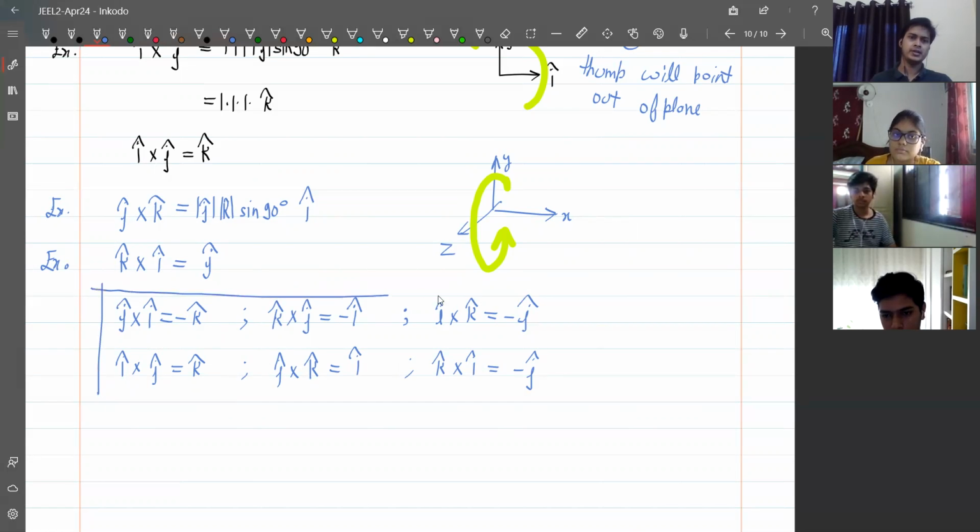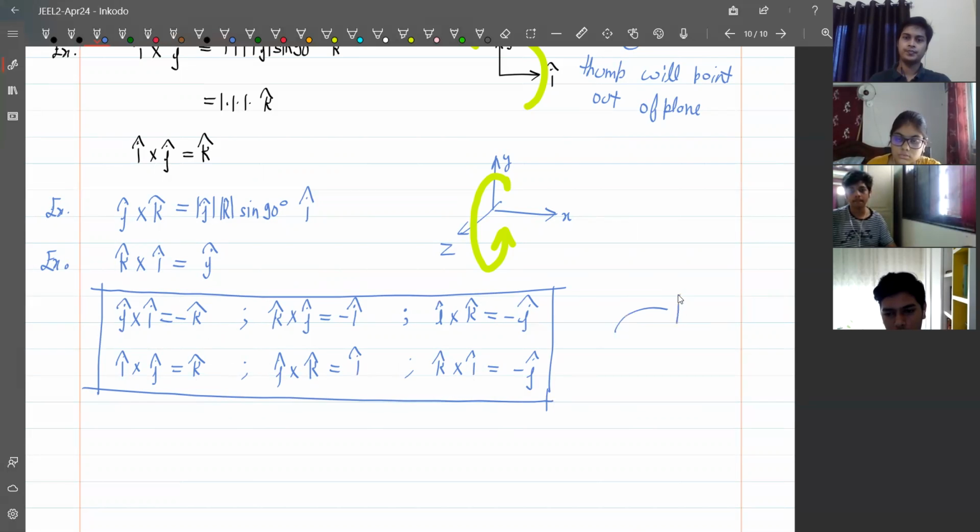ये सब याद रखने के लिए there is a short trick. And you can draw a circle. In the circle we have I, J, K. So in the circle, if you go in the clockwise direction, pay attention first.